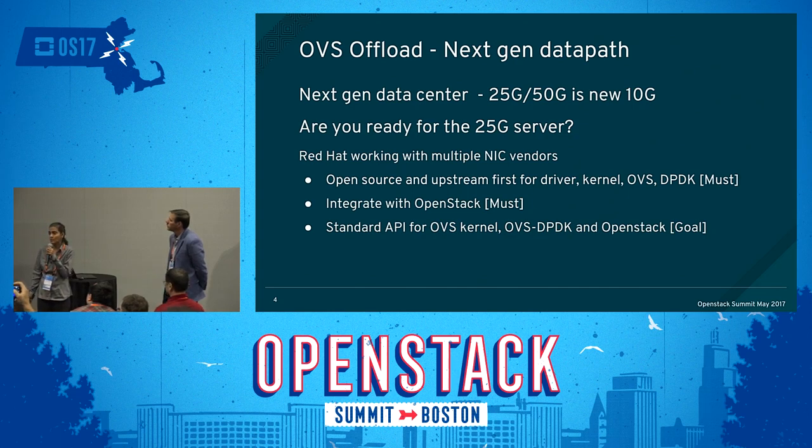We are working with multiple NIC vendors to get OVS Offload both in the kernel and in OVS DPDK. Our goal is to make sure we have everything upstream, all drivers upstream first, and to integrate with OpenStack, that's a must as well. Our goal is to standardize the API, in the OVS kernel, in OVS DPDK, and in OpenStack.